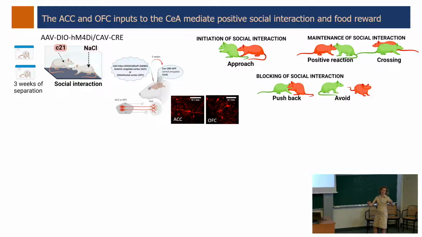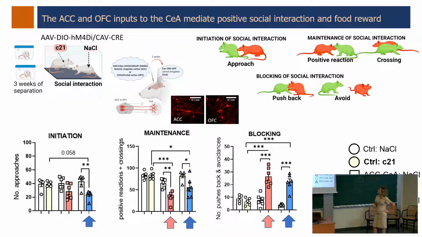If the partner is approaching, sometimes the rats, if they don't want to interact, I will show you a movie in a moment, they are pushing back the partner. So we analyzed different behaviors, and this is what we saw.